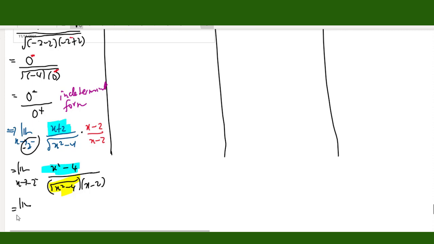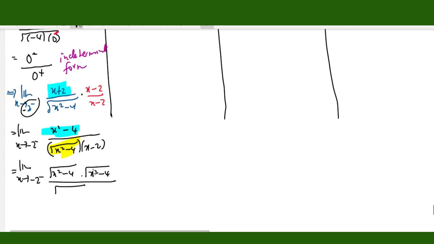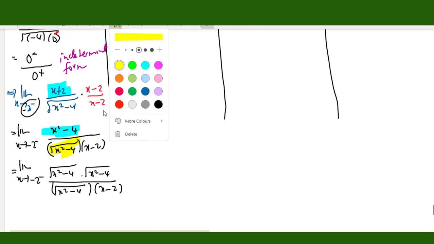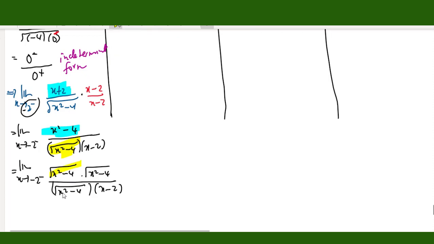So the limit as x approaches negative 2 from the left: here is actually the square root of x squared minus 4 times the square root of x squared minus 4, over the square root of x squared minus 4 times the square root of x minus 2. Now this equal term we can cancel. Let me cancel, and write down the simplest one: the square root of x squared minus 4 over x minus 2.